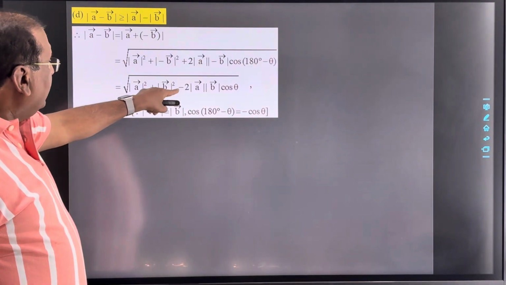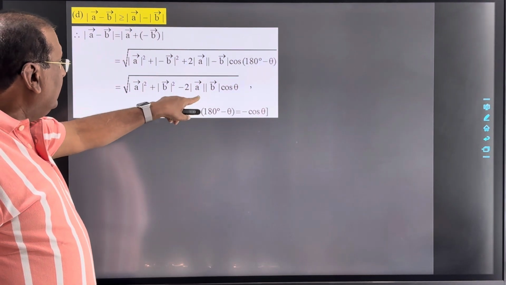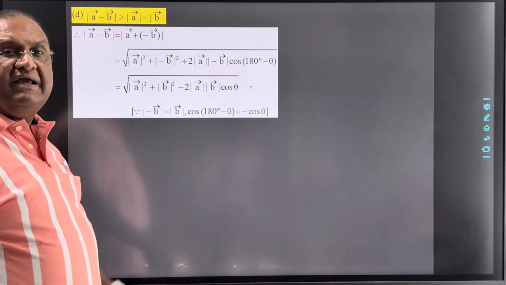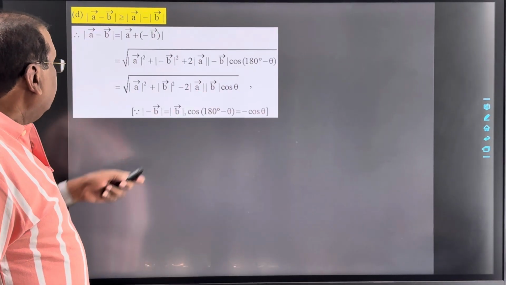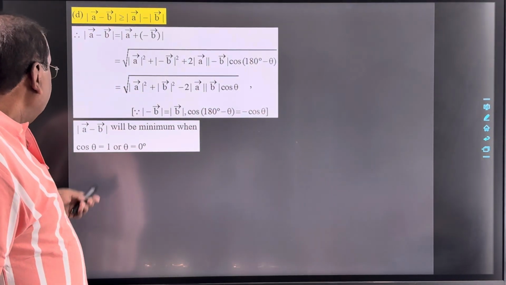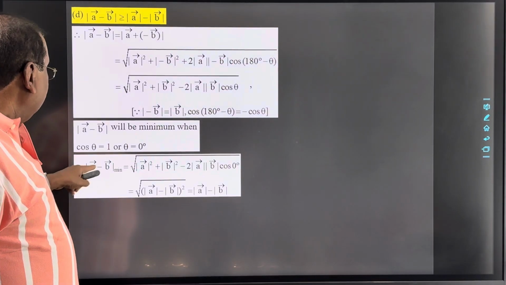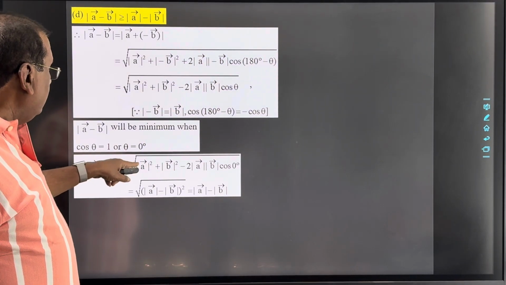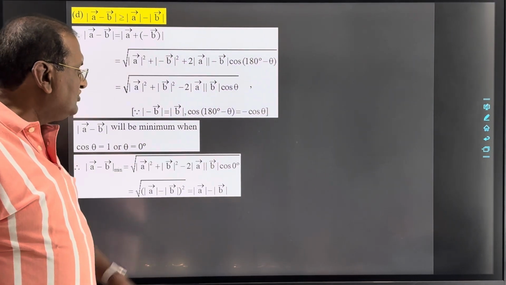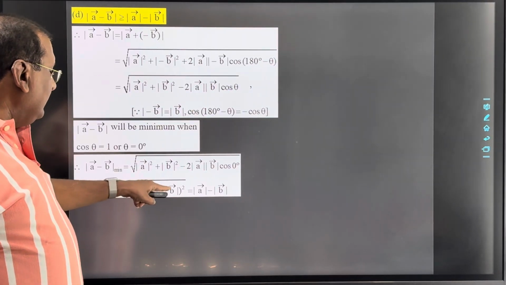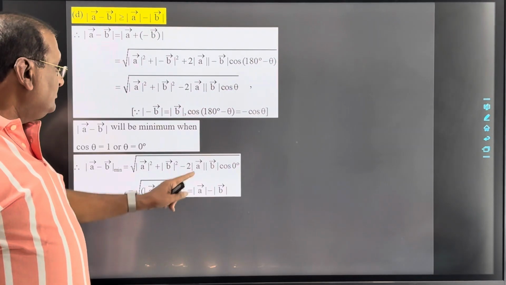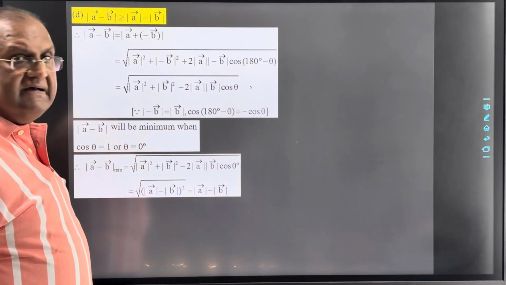So if we take the minimum value for this one, that is possible for theta equal to 0, because cos 0 is 1. So here we will get the minimum of magnitude a minus b, that is under root a square plus b square minus 2ab cos 0. So that is under root (a minus b) whole square, that is magnitude a minus magnitude b.